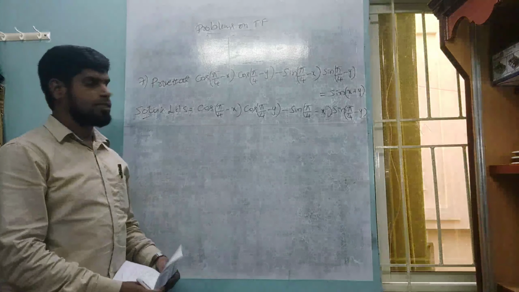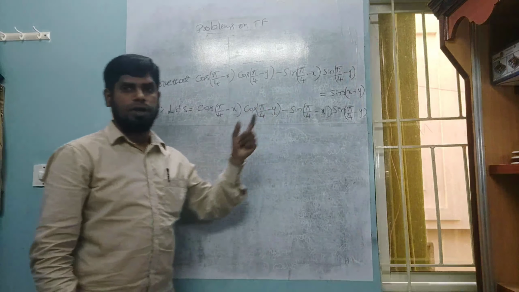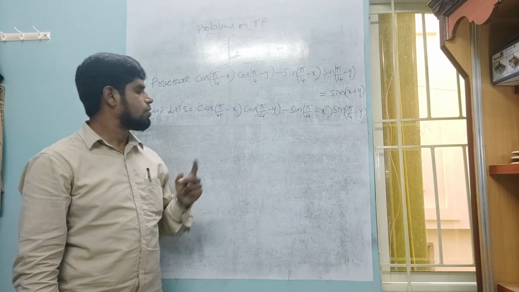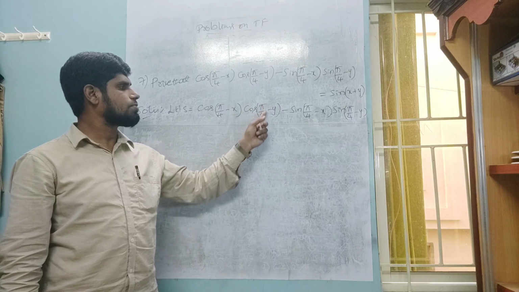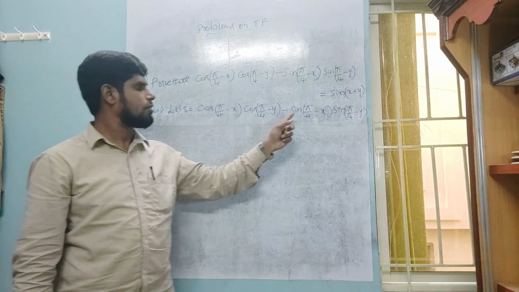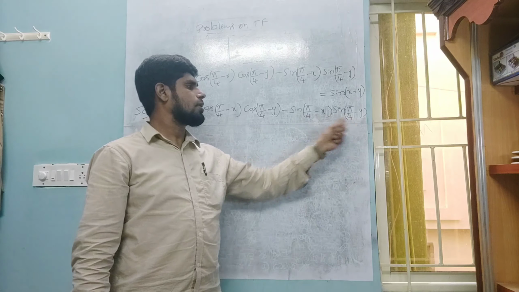Now student, if you see this problem carefully, we will get only two different angles. The first angle is pi by 4 minus x and the second angle is pi by 4 minus y. So the same angles are repeated.